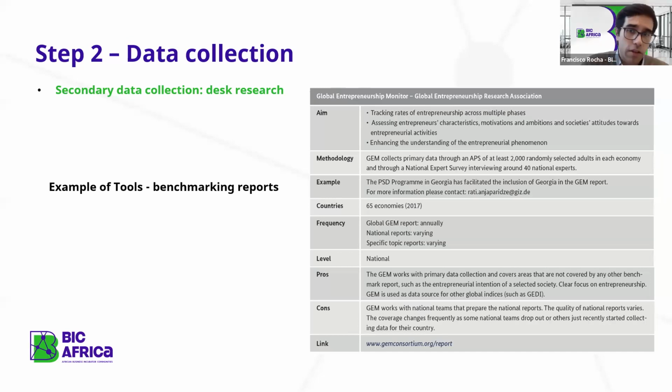There are national teams in GEM. Then in some cases, the national teams and information about national countries is not available every year, so that can be a con. But these are just some examples of how we can structure the information we are collecting and how we can put it in a nice way to try to summarize other benchmarking and relevant examples.